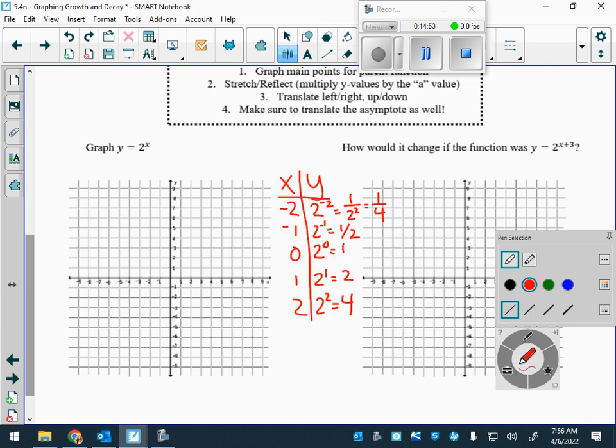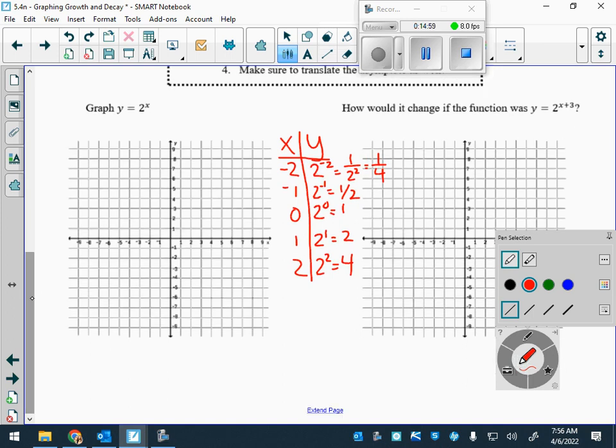One thing to keep in mind, they're fractions. Do the best you can. So we know that negative 2 and 1/4, just kind of estimate, it's below the 1. Negative 1 and 1/2 is there, and this is off. 0, 1, 1, 2, and 2, 4.